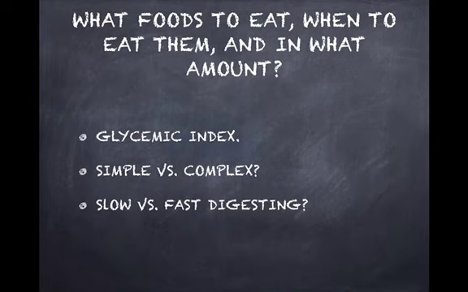So, let's say you're going to eat a chocolate bar. That's a very high glycemic food. Your body is going to recognize an increase in blood sugar levels very quickly after taking that in, so it's rapidly digested. Whereas something like a sweet potato, for example, is a lower glycemic food. Maybe not real low, but moderate.